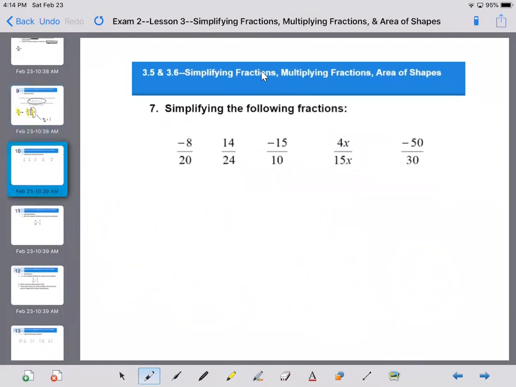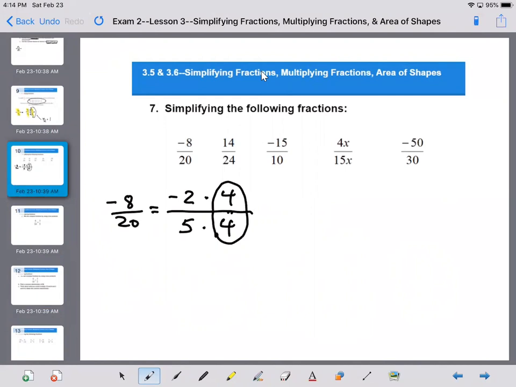So if we take negative 8/20 and we try to simplify that, that would be negative 2 and 4 and 5 and 4. So we can see there's your n divided by n, which would divide, so it becomes 1. And so you're left with your equivalent fraction of negative 2/5.